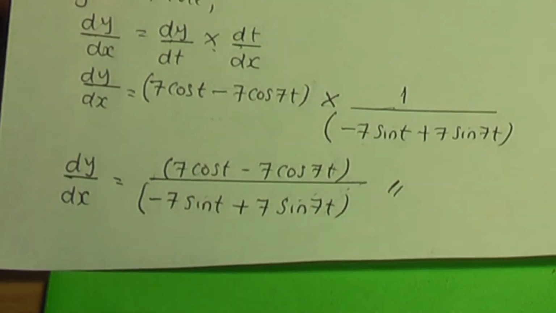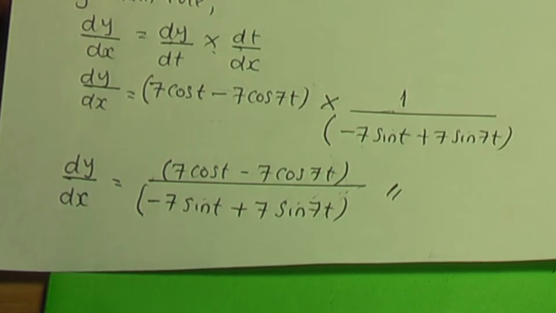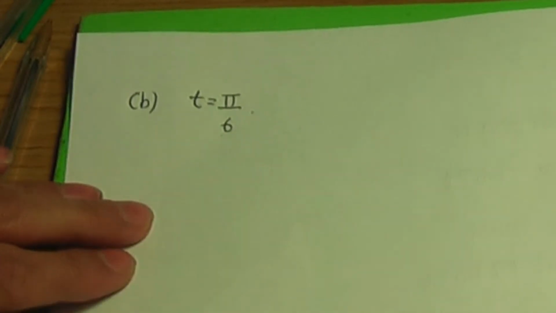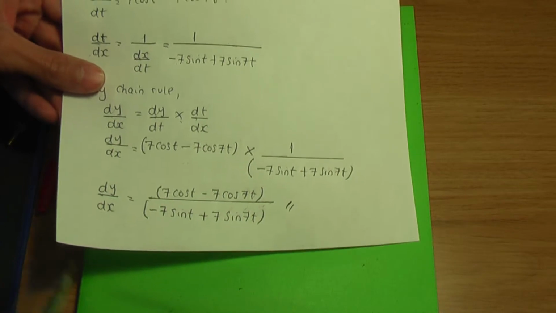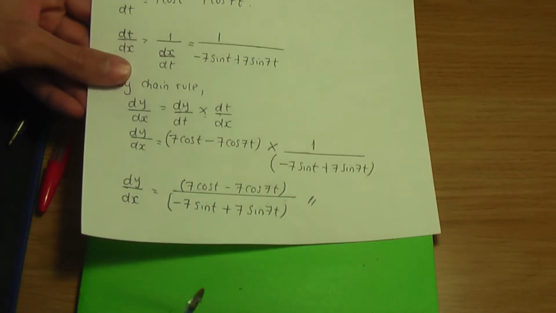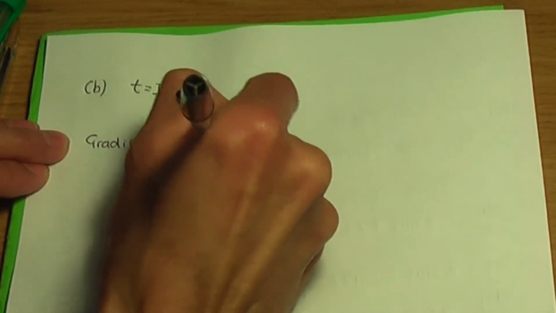And in order to work out the gradient of the tangent, which is what we need to do first, we can put the value of t given, which is pi over 6, into our solution for dy over dx. So let's work out the gradient of the tangent first.